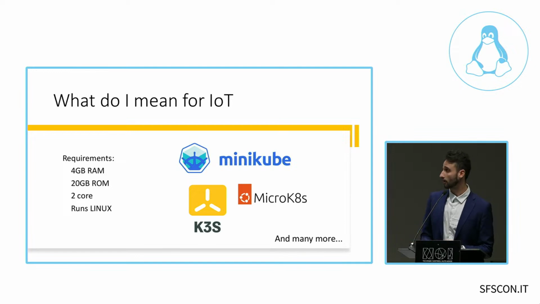Some examples are Minikube, MicroK8s, and K3s, which are the most famous. But if you search online, you can find tons of alternatives with pros and cons. Some use more RAM, some use more CPU, and so on.